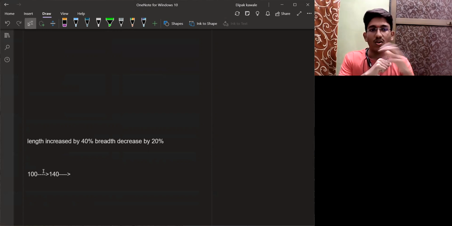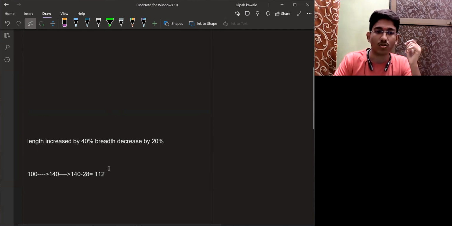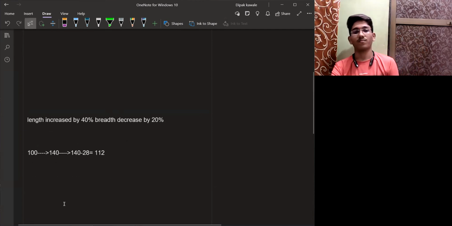That means, what is 20% of 140? 10% is 14. 14 multiplied by 2 is 28. That means we have to do 140 minus 28. This is nothing but our 112.